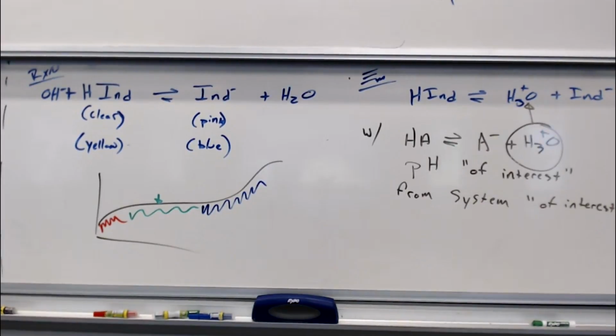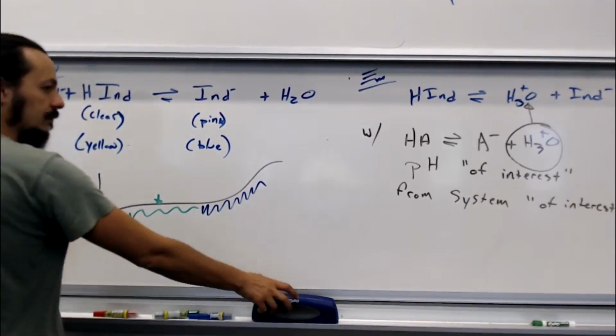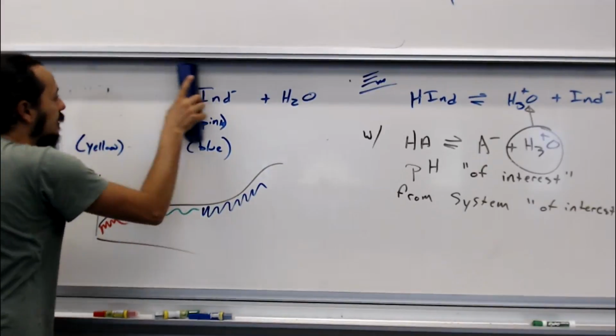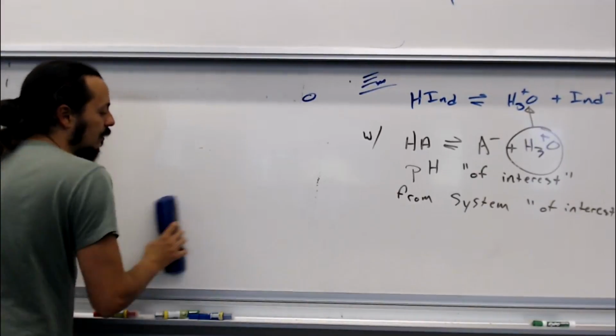Because I know that if the anion is the conjugate base of a strong acid, then it'll... I thought it was... Was that enough? Yeah. Okay.